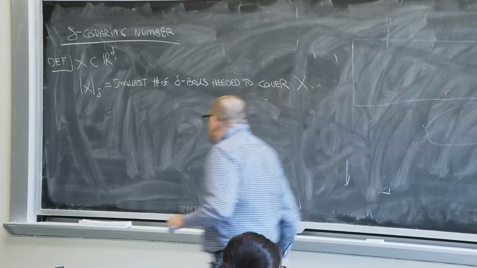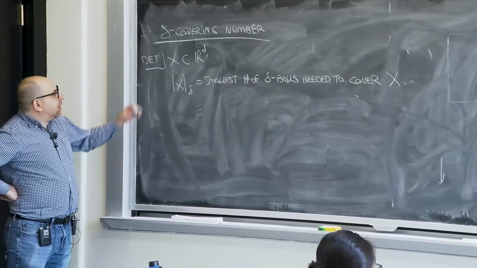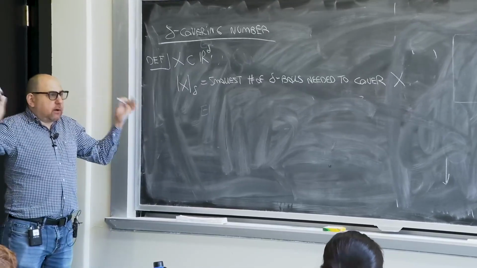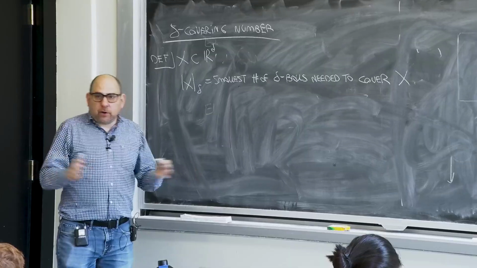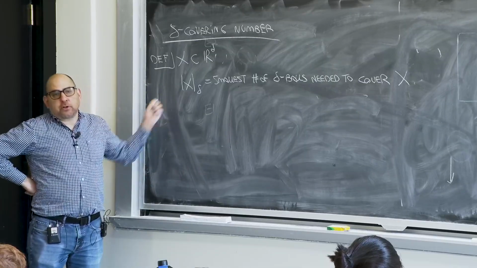So everything we are going to see is going to be a finite number. Our measuring resolution is delta. We cannot distinguish anything that happens under scale delta. So this is a natural way of measuring the size of the set.